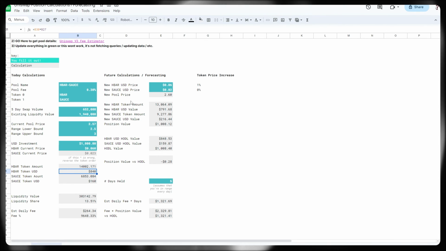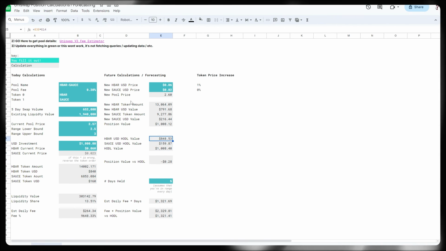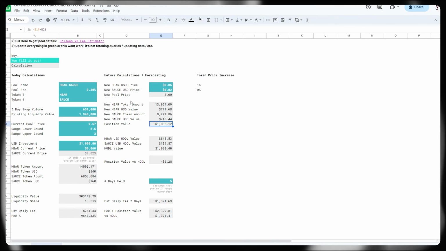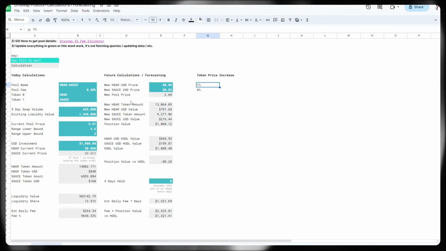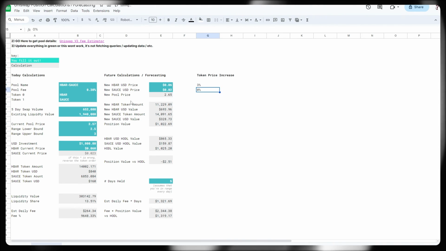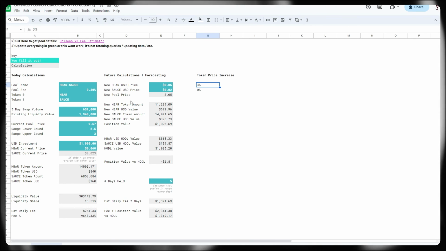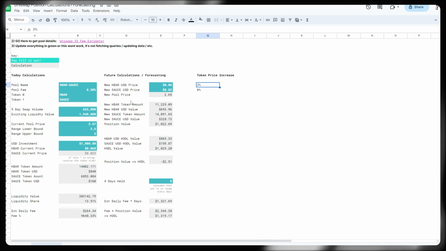And my source token value, though, instead is now $216. My position value overall is still in the positive, but the percentage allocation between those two assets has begun to diverge. And again, the more I scale this up, the more you can see. So in this instance, the higher the hbar price moves, the lower I tend to have in terms of USD in hbar, the more I have in source.